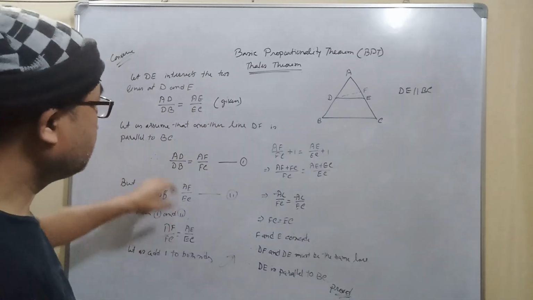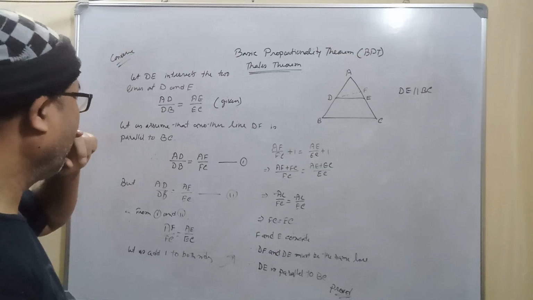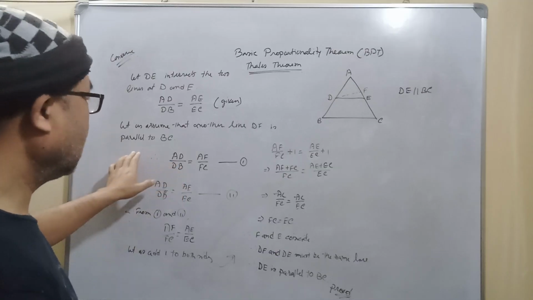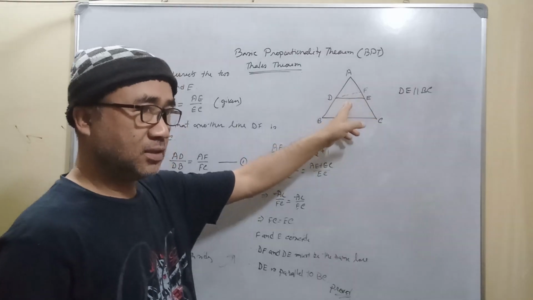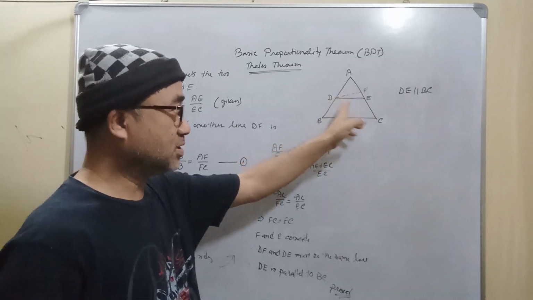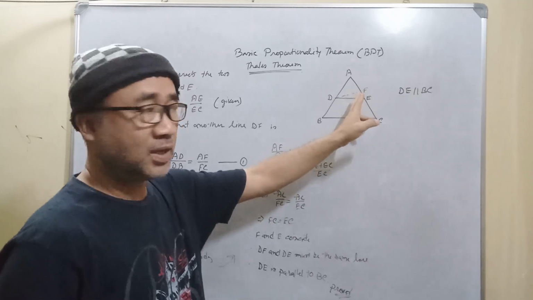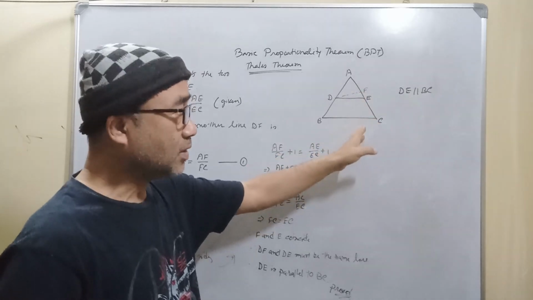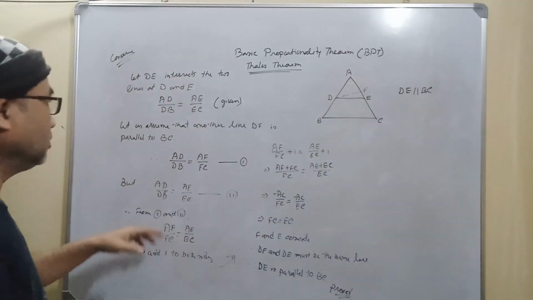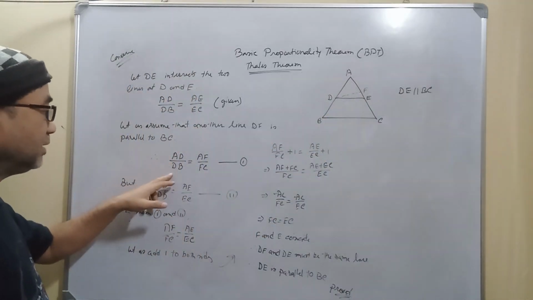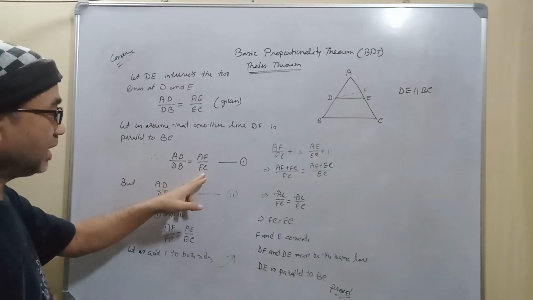To recap, it is given, and let us assume that DE is not parallel to BC. So there must be another line DF which is parallel to BC. Then AD by DB is equal to AF by FC.